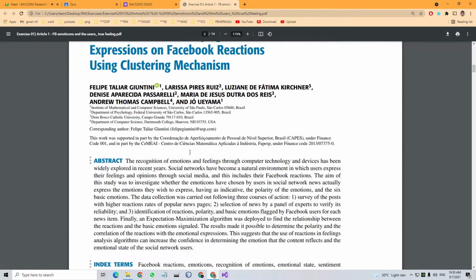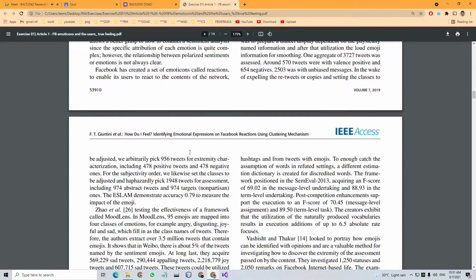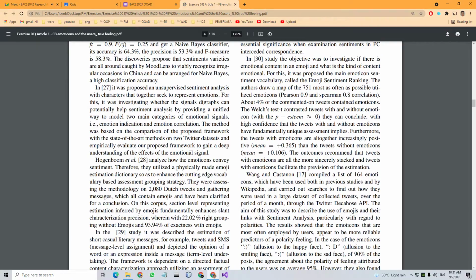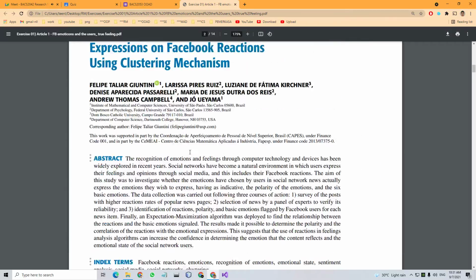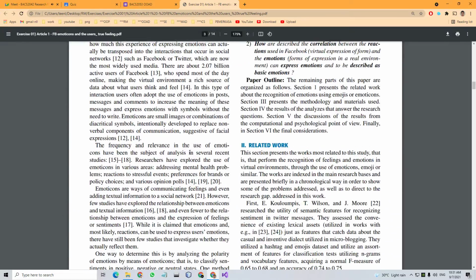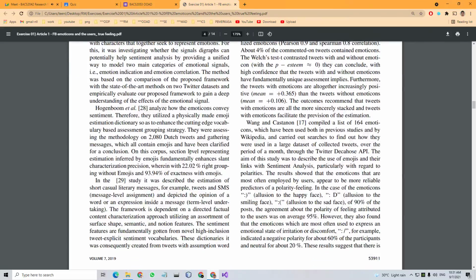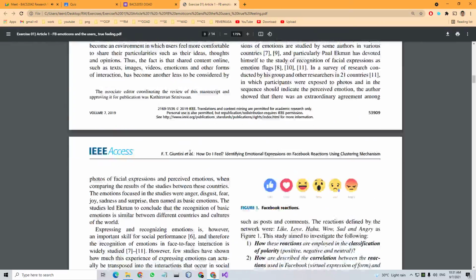I only read until page 5, page 6, half. Okay. So this is your first time reading an article. This is the first time I ever read a research paper. So it's kind of boring, right?